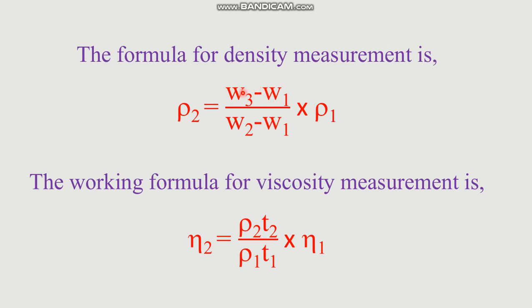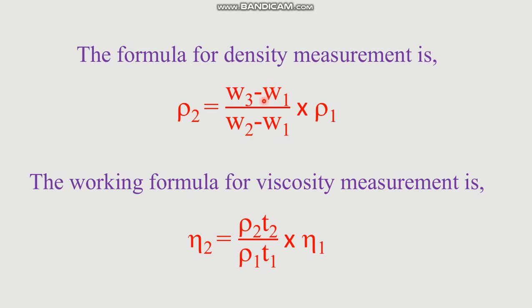If these masses are divided by volume V, then the densities are obtained. So what is the ratio of the densities? The ratio of the densities is (W3 − W1)/V over (W2 − W1)/V. So 1/V is in the numerator, 1/V is also in the denominator, so these 1/V's are cancelled.